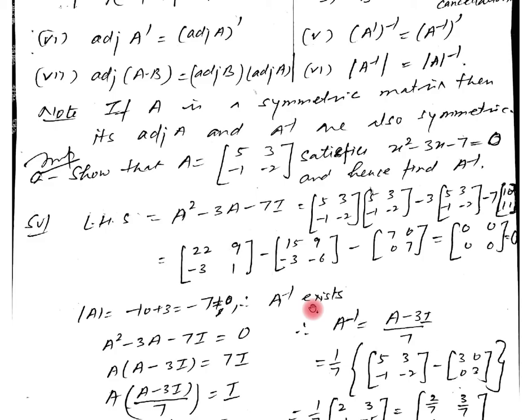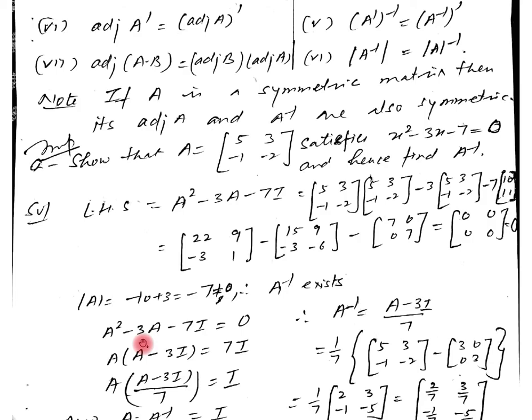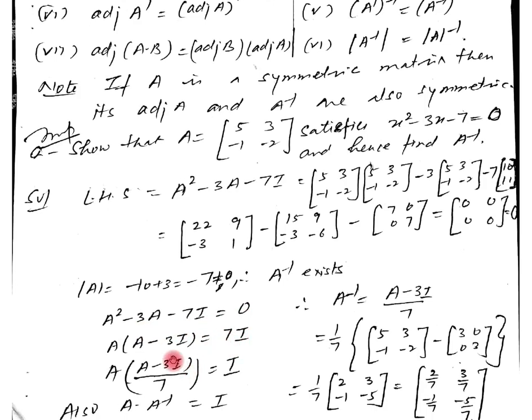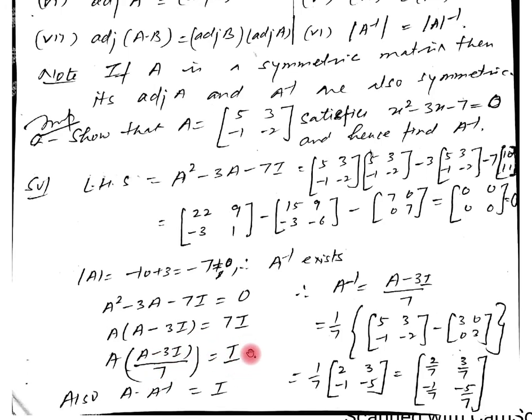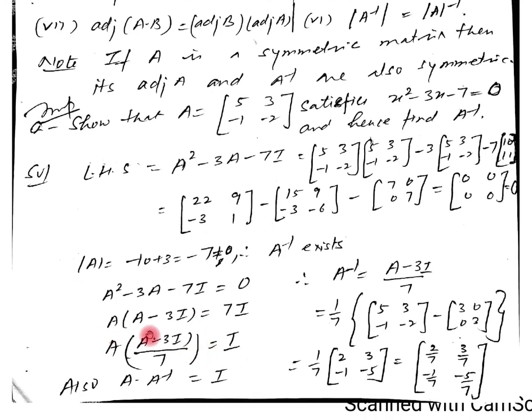Now let us see how to use the given equation to find A inverse. Our equation is A square minus 3A minus 7I equal to 0. First we simplify this equation such that on one side we get only I. So it can be written as A square minus 3A equal to 7I, taking A common, A into (A minus 3I) equal to 7I, because a constant quantity does not have any meaning in the case of matrices.